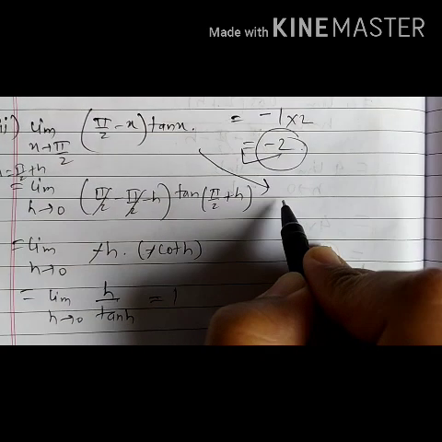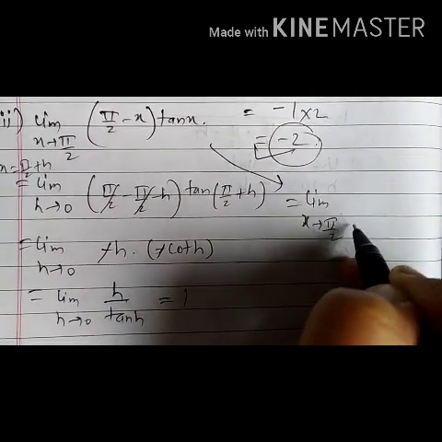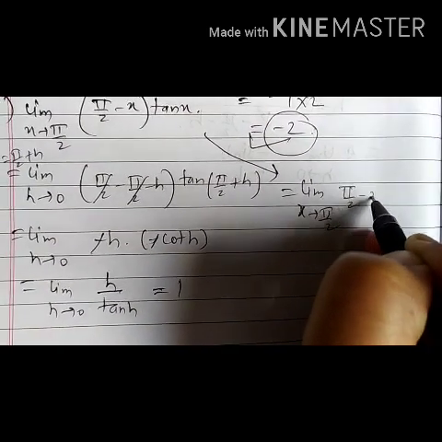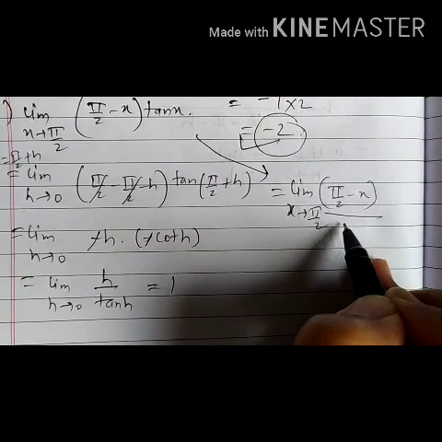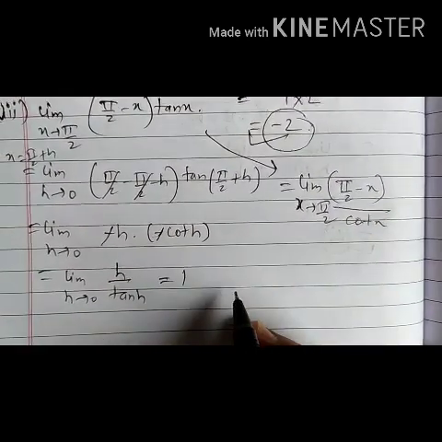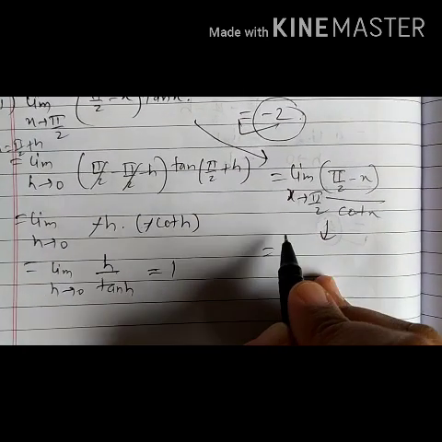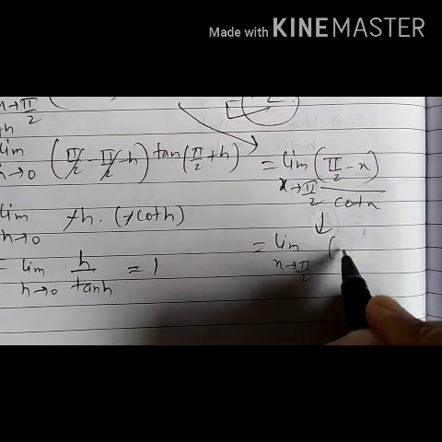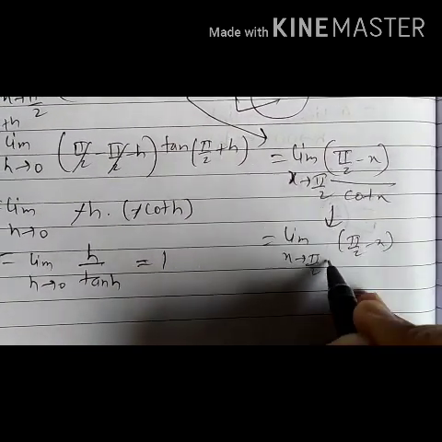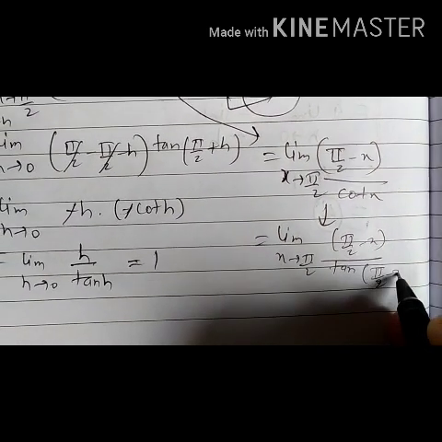It is very easy. Now limit as x tends to pi by 2, we have pi by 2 minus x. Can we write tan x as 1 upon cot x? Okay, now can we write cot x as tan of 90 minus theta? So limit as x tends to pi by 2, pi by 2 minus x upon tan of pi by 2 minus x.